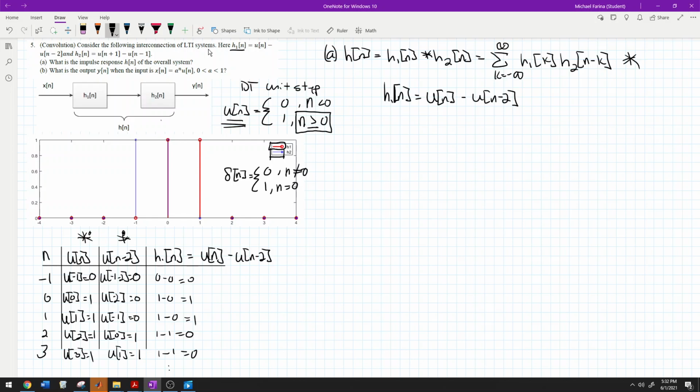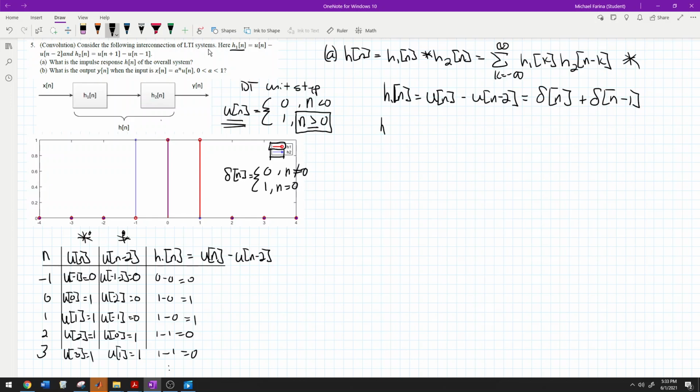So we have a delta. We could represent h1 of n as a delta function evaluated at n and a delta function evaluated at n minus 1. So let's rewrite h1 of n as delta of n plus delta of n minus 1.